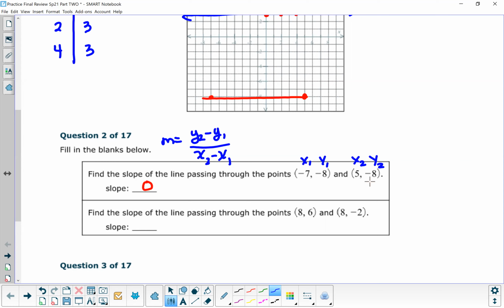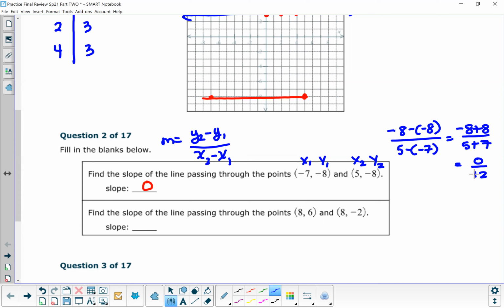So we have -8 minus -8 over 5 minus -7. So that's really like saying -8 plus 8 and 5 plus 7. So you have 0 over 12, which again is 0.